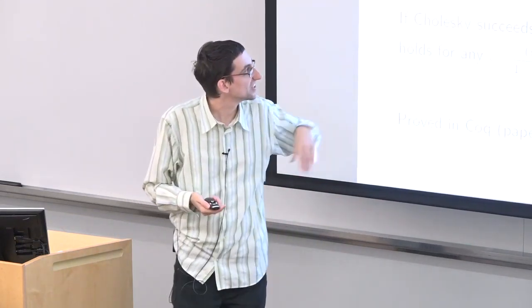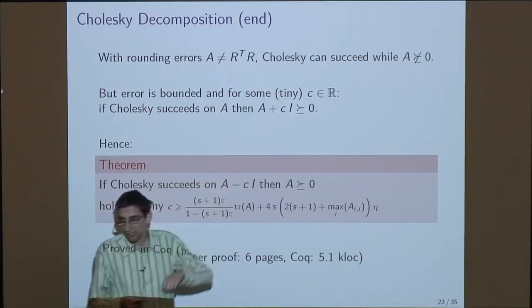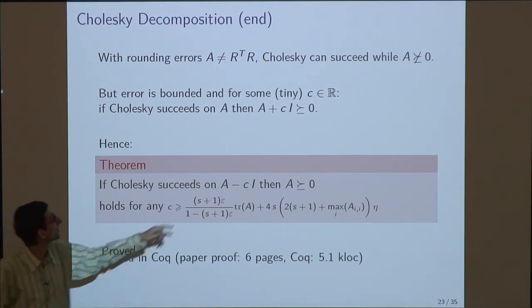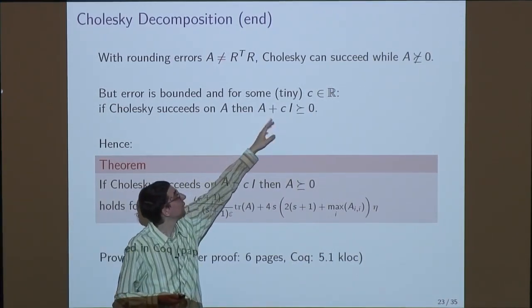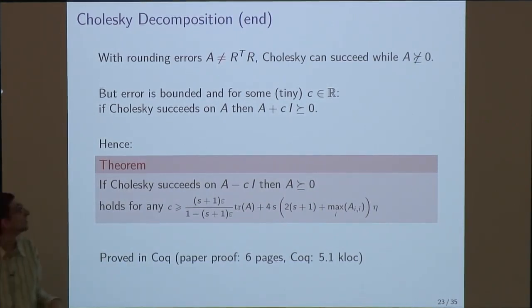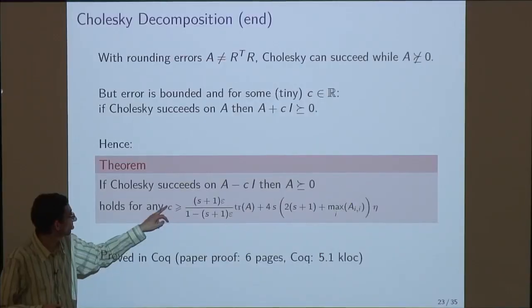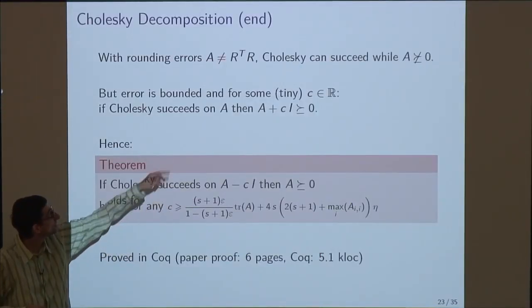There are results in the literature that prove that if you do your Cholesky decomposition on the matrix A, to which you add some tiny things, and if it succeeds, then your matrix A is actually positive semidefinite, despite the fact that your Cholesky decomposition was computed with floating point arithmetic and performing errors. And there is actually a way to compute a reasonable value for this little constant C.